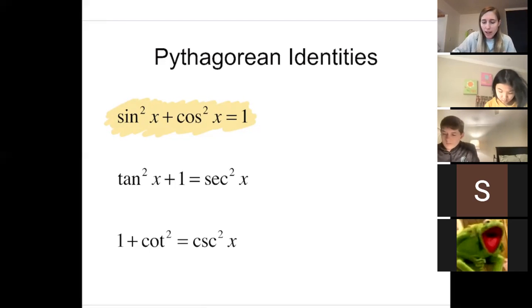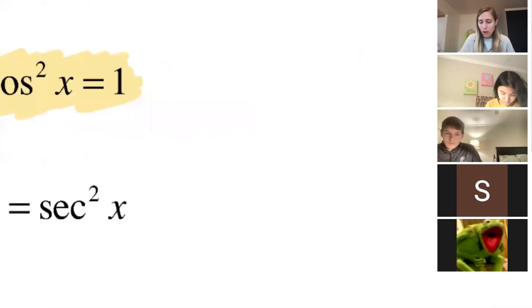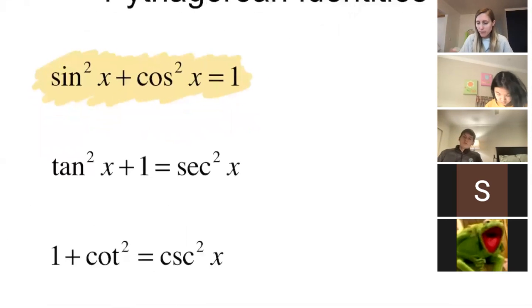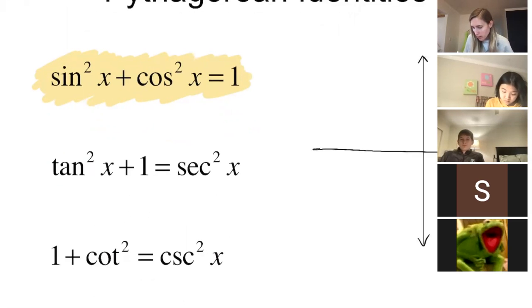So thinking back to our unit circle, am I going to be able to fit my circle here?